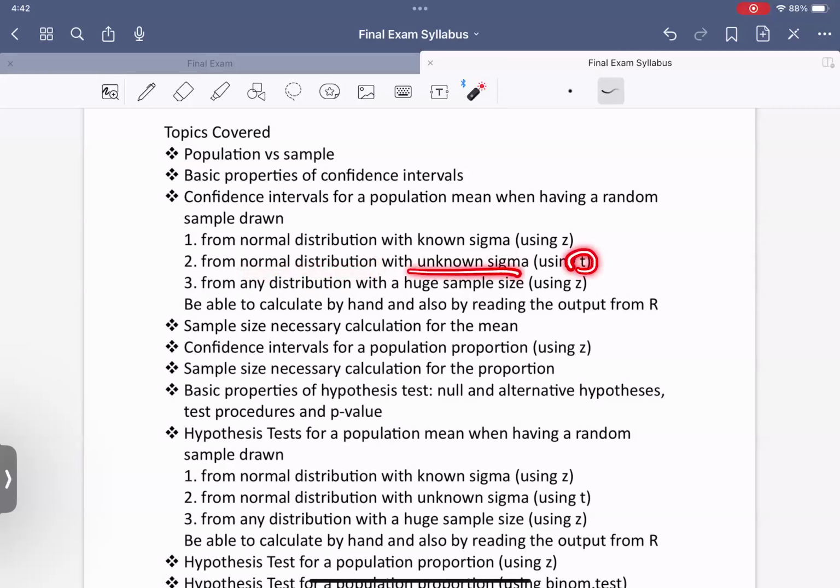So in this case, you use T. And then you also have the case that you're gonna use the standard normal as well. But in this case, you draw the sample from any distribution, but you have a big sample size. That one you can apply the central limit theorem and can use the normal.